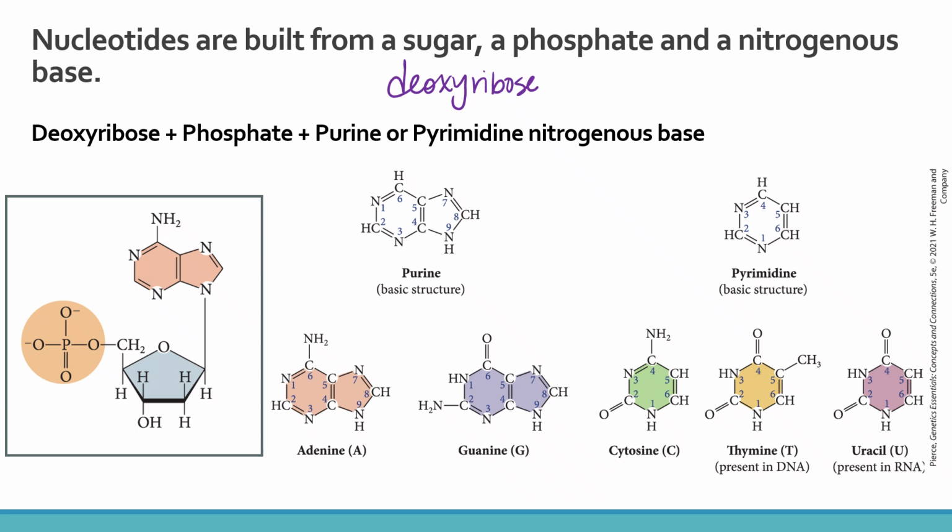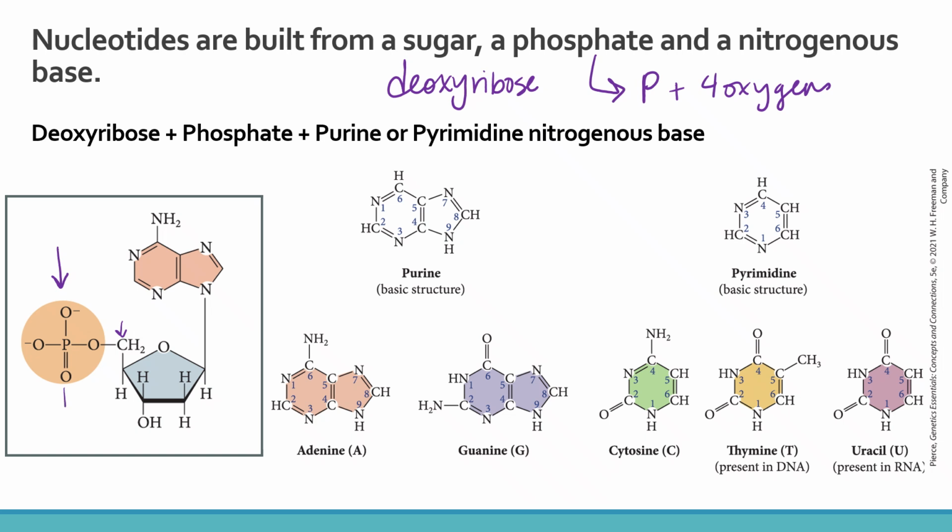Now, the phosphate group is going to be a phosphorus molecule plus 4 oxygens. And we can see that here we've got the phosphate in the center, an oxygen that comes from the oxygen attached to that ribose sugar at the 5' carbon, and then we've got 3 other oxygens in the ring.